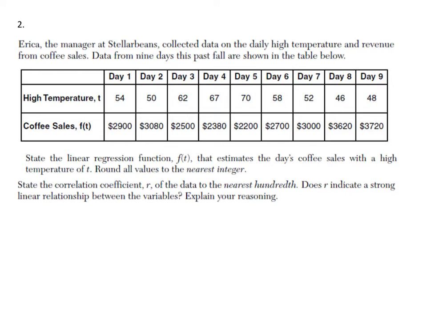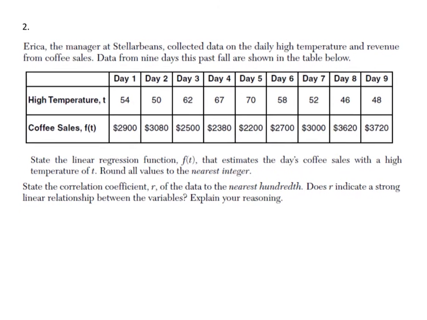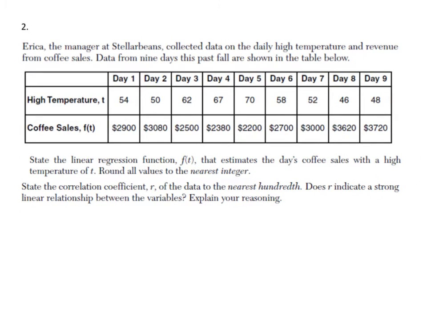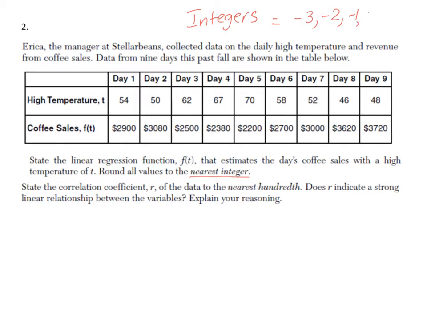State the linear regression function f(t) that estimates the day's coffee sales with a high temperature of t. Round all values to the nearest integer. Now, if you remember integers are any set of values that are like this: -3, -2, -1, 0, 1, 2, and so on.